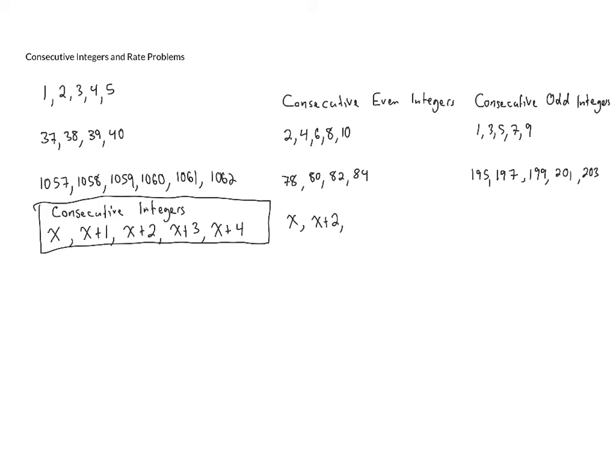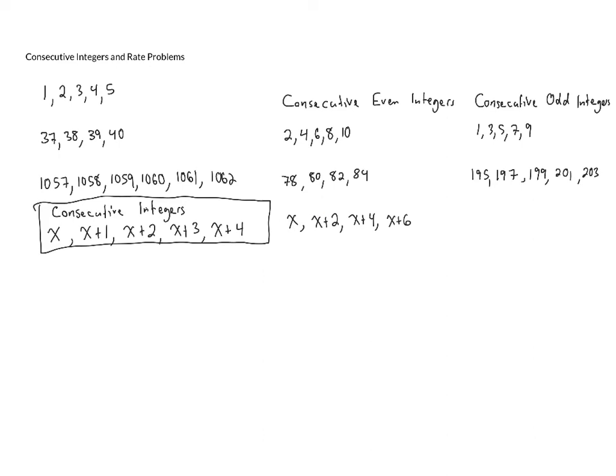And then if we add 2 to that, we get x plus 4. And if we add 2 to that, we get x plus 6. We're adding 2 each time because when we're looking at consecutive even integers, we're skipping the odd ones. So if we started with x and x was even, x plus 1 would be the next odd number, so we've got to add 2 to get to the next even number.